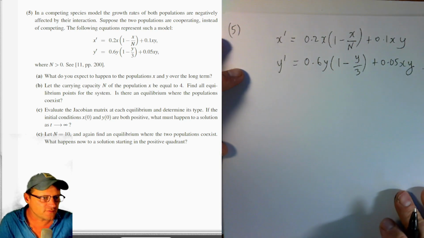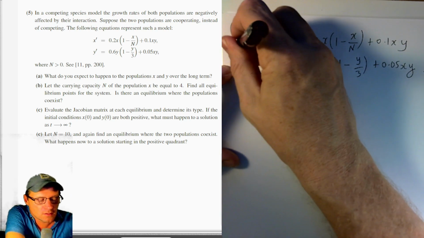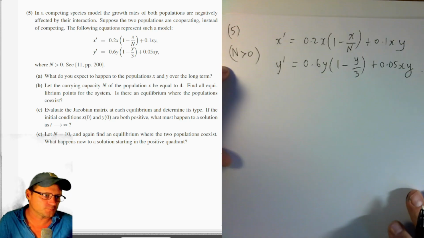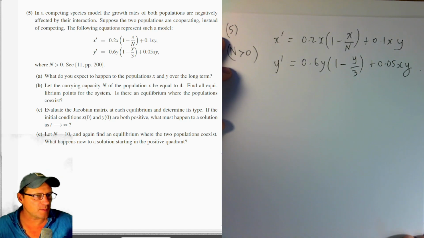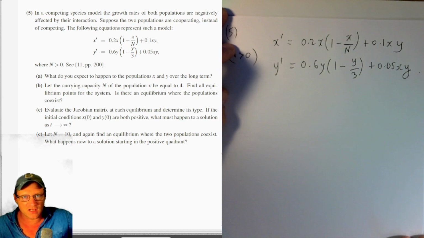Okay, so let's first find our critical points. Actually, I should first read the question. What do you expect to happen to the populations X and Y over the long term? Well, one of them might die out, for example.